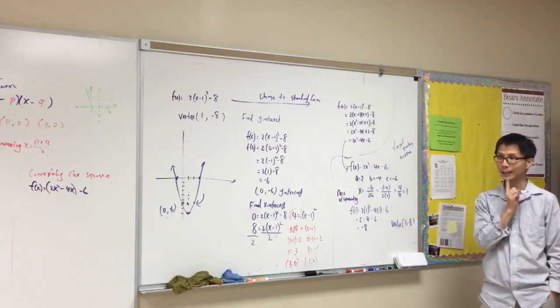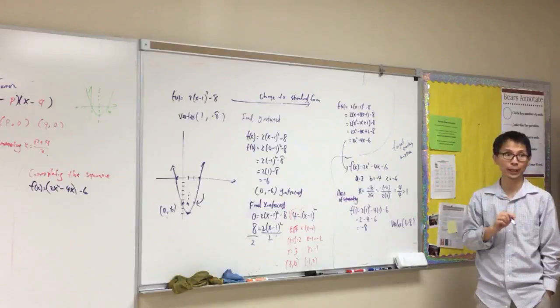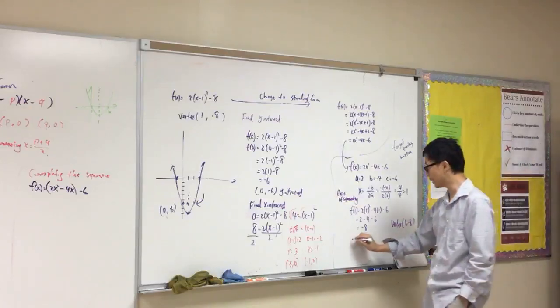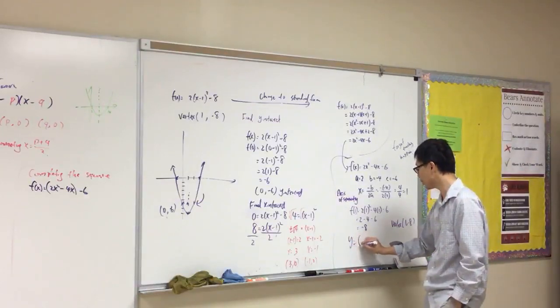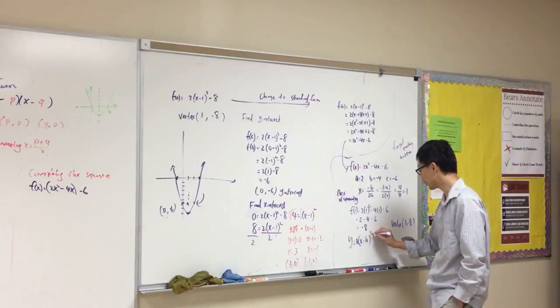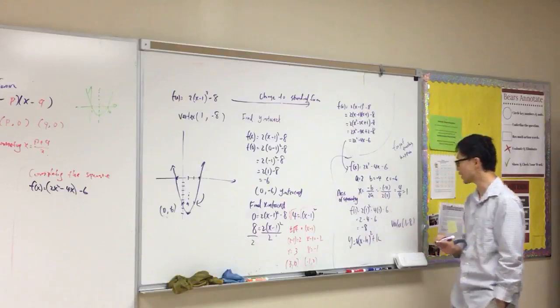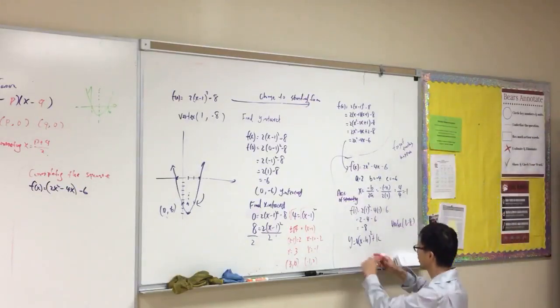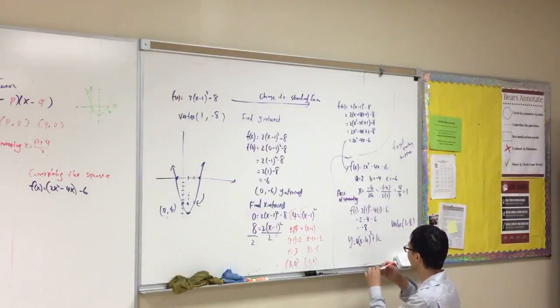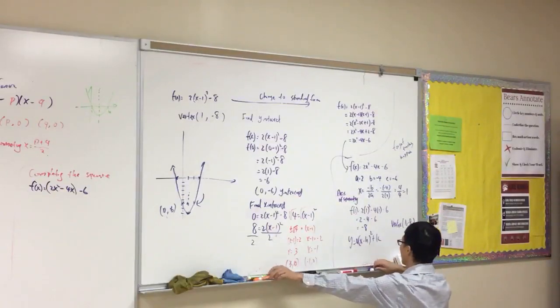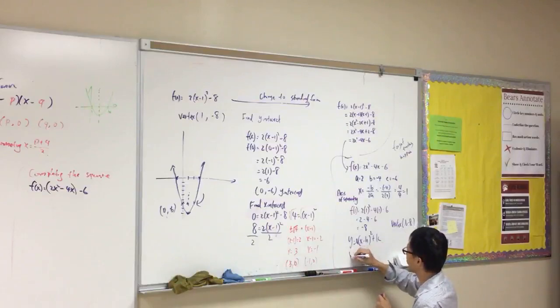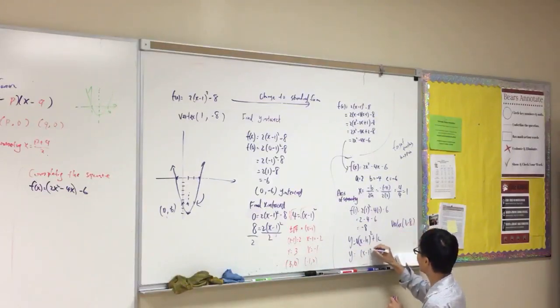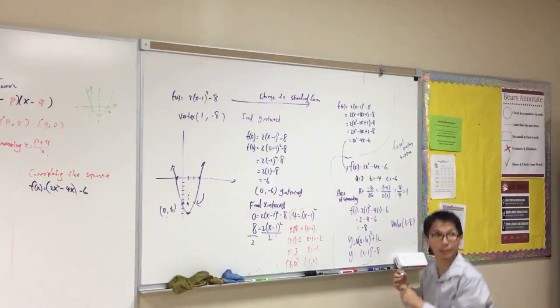But more than that, I can actually find my original equation. You look at it. So y equals a times x minus h squared plus k, right? What is h in this case? 1. So y equals a times x minus 1 squared minus 8.